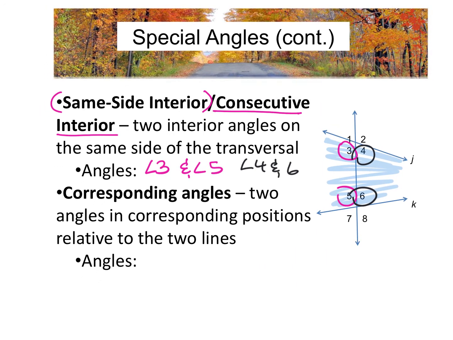And these are 2 angles that are in the same corresponding position relative to the 2 lines. Now, there are different ways that you can memorize how to find them. I'm going to show you 3 different ways. So the first way, I'm going to use sort of what the definition is saying.